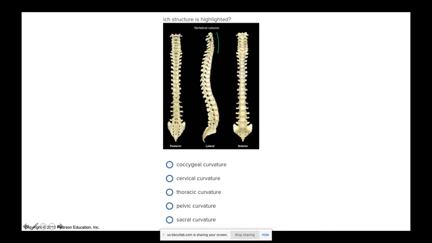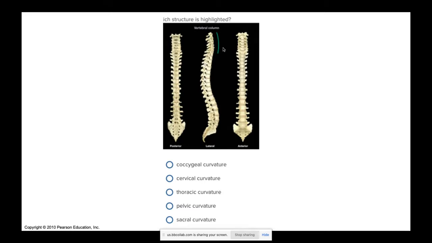If it's a decreased cervical curve, they call it a hypolordosis or sometimes a military neck. If there's an increased lumbar curve, it's also a hyperlordosis. If it's a military lumbar spine, then we call it a hypolordosis. If we see an increased curvature of the thoracic spine, they call it a hyperkyphosis.